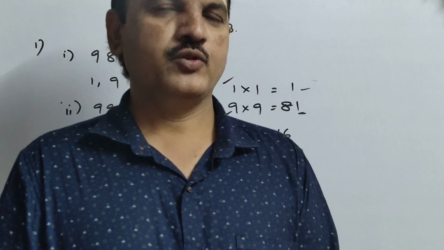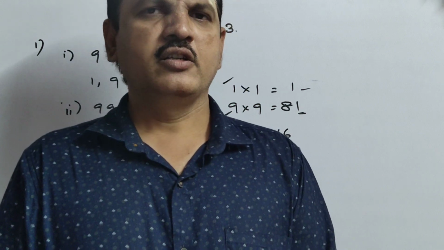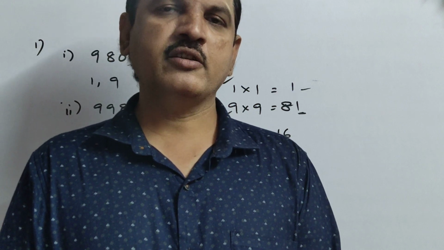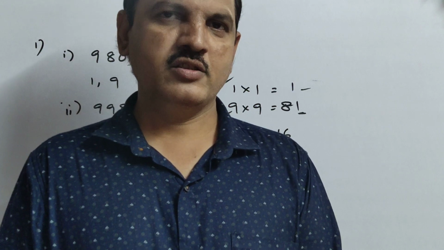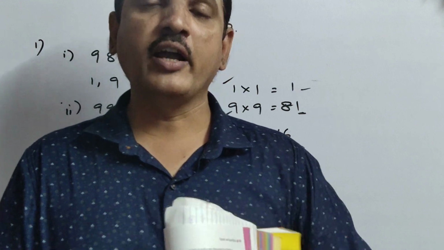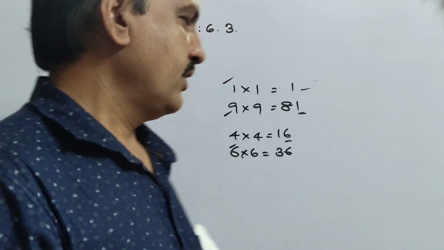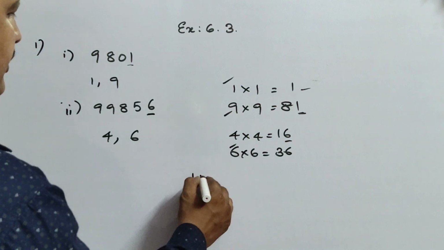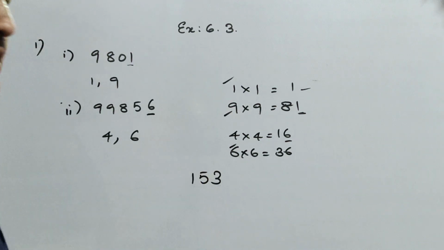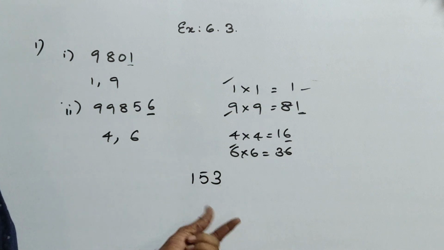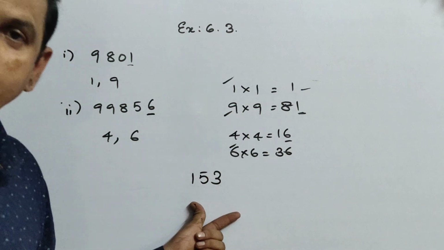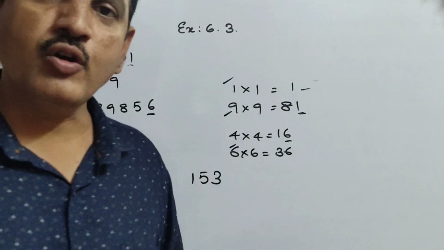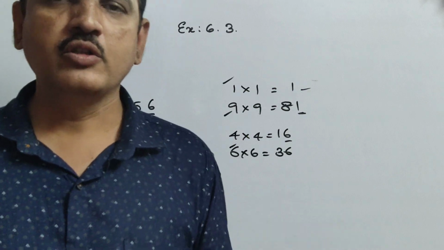Some numbers are there. If you listen very carefully, actually, to be frank, you want? I will not explain at all. Why? Because listen very carefully. Here, now one question is given. What is the question? 153 is asking whether it is a perfect square or not. You can say very easily whether it is a perfect square or not. I gave you a very good clue to find out.